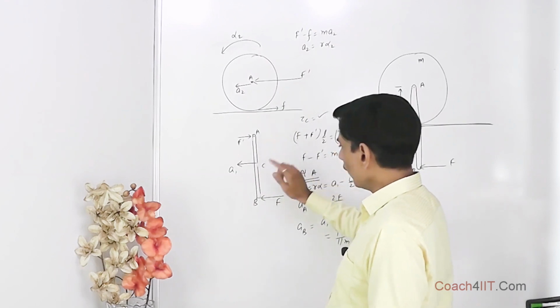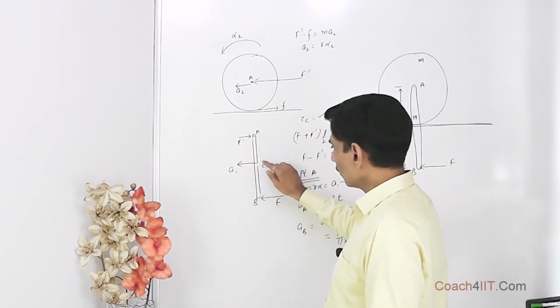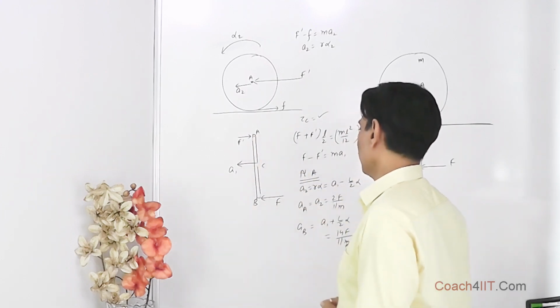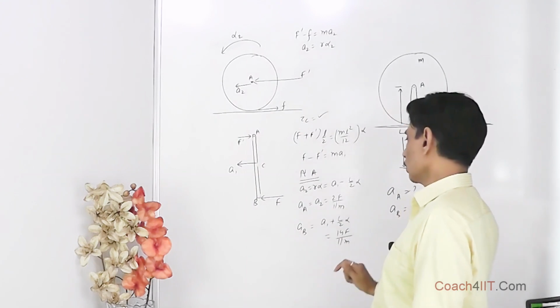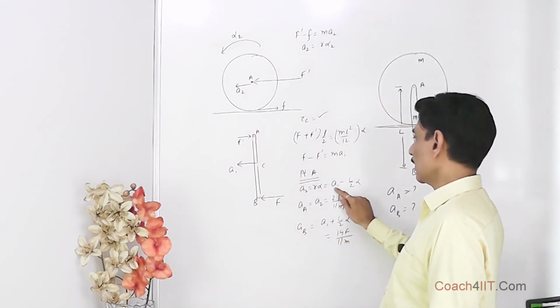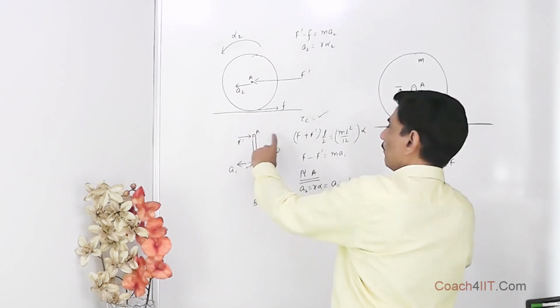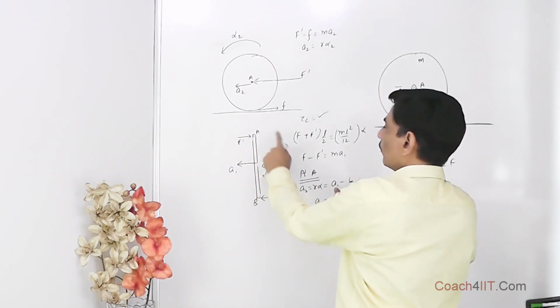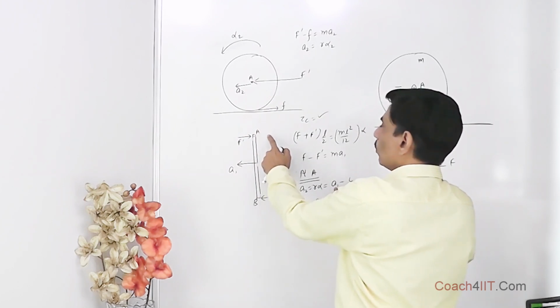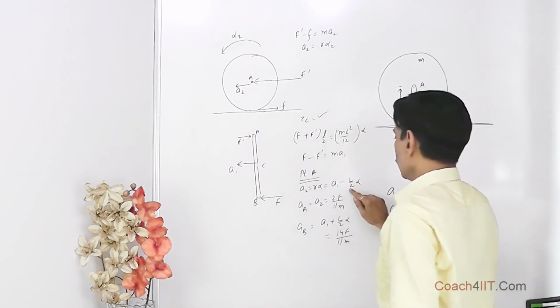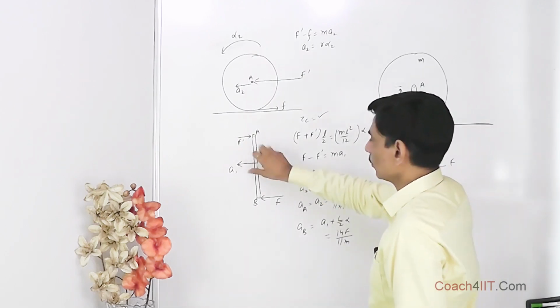From this we get two accelerations. One is A1 because of the linear acceleration. The second is because of A tangential equal to R alpha, which will be in this direction, and its value is L by 2 into alpha, where alpha is of this rod.